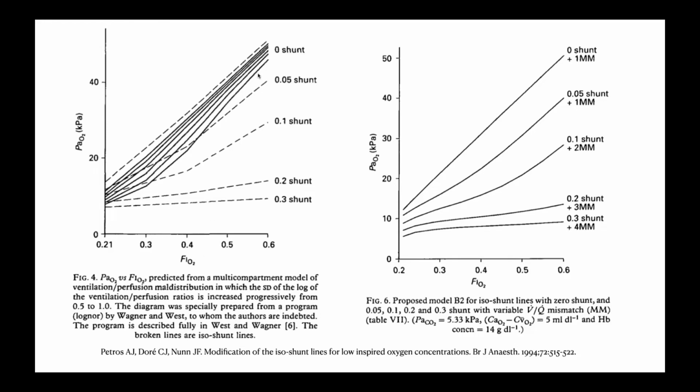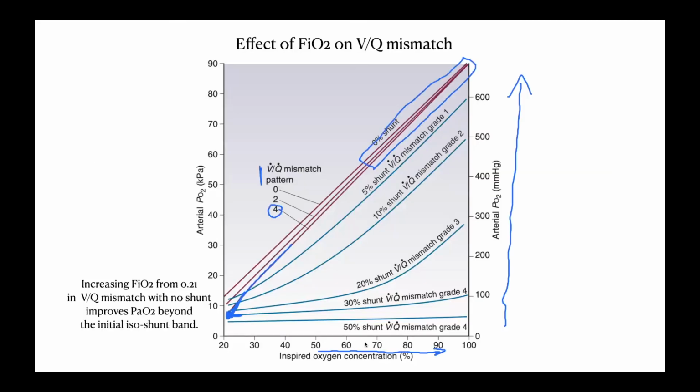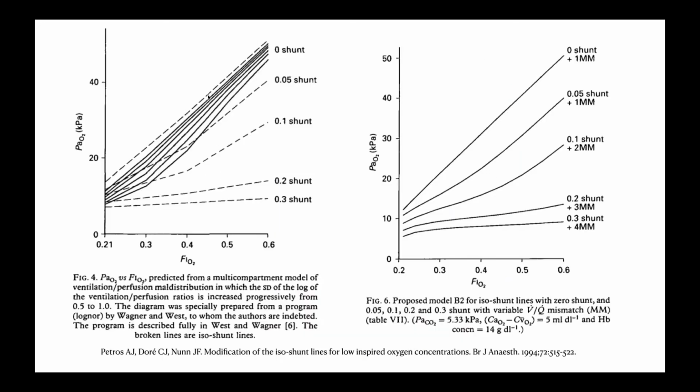All right. And you can see here that the computer program stops off at an FiO2 of 0.6, whereas this one here is sort of transposing it to 100%, and that's why, if they continue the gradient, it goes up to almost normal. But that's not quite true.